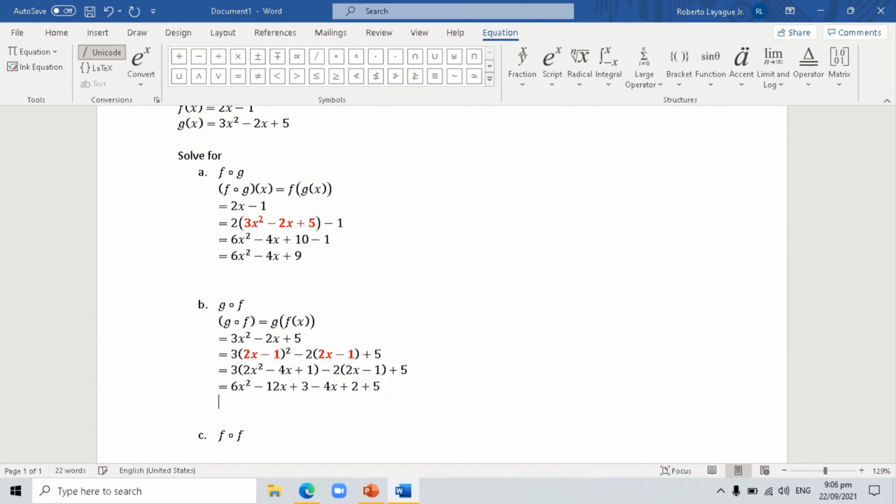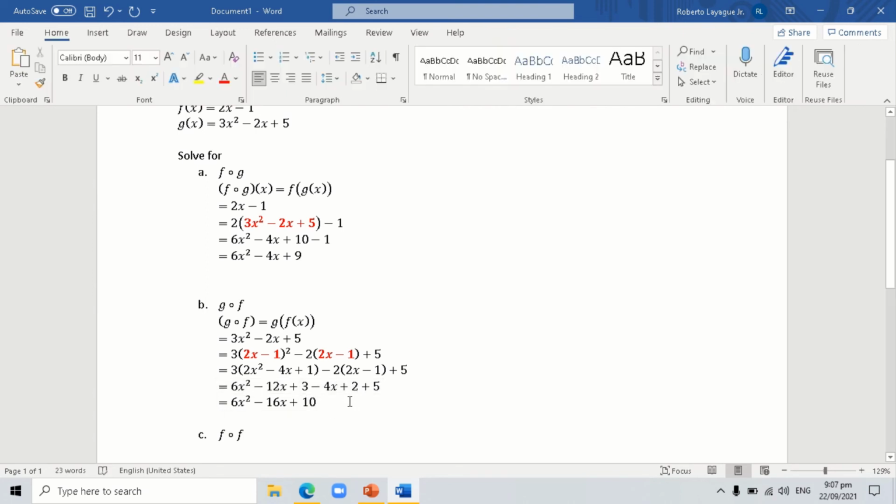Now we can combine like terms. So you have 6x squared minus 16x, and then 3 plus 2 is 5, plus 5, that would be 10. Am I right? You have both negatives, so that will be 16. Okay, this is now our g circle of f.